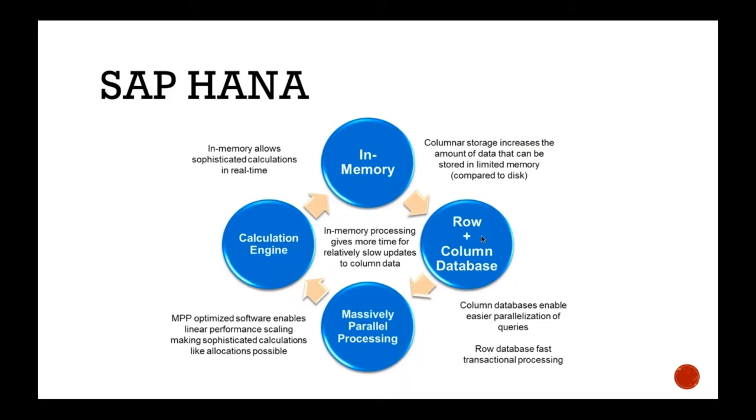Around 30 years ago, they never thought of storing the data in RAM. Why? Because RAM was very costly, and there was a huge difference between RAM price and ROM price. But nowadays, even a small mobile device has a good amount of RAM. So the new technologies are there, and SAP wanted to make use of these latest technological advantages which are available.